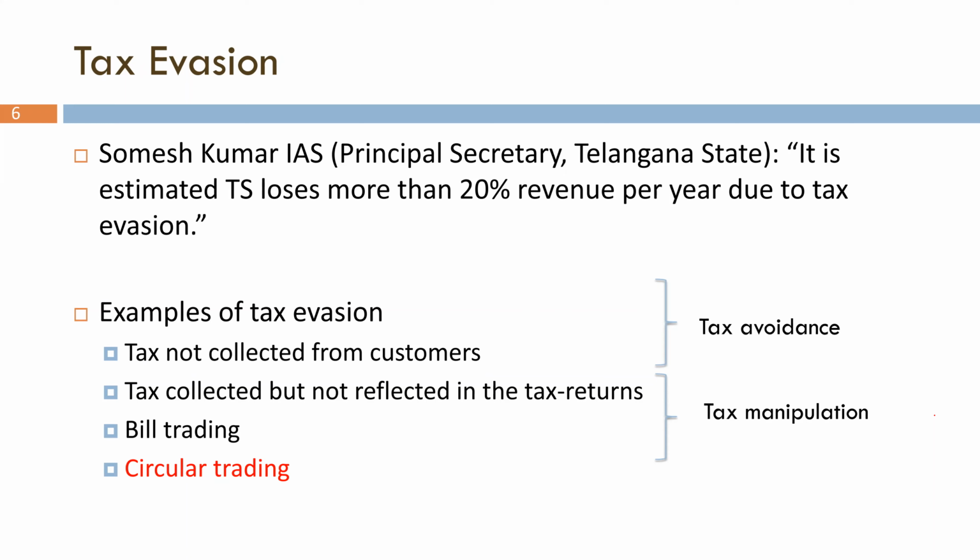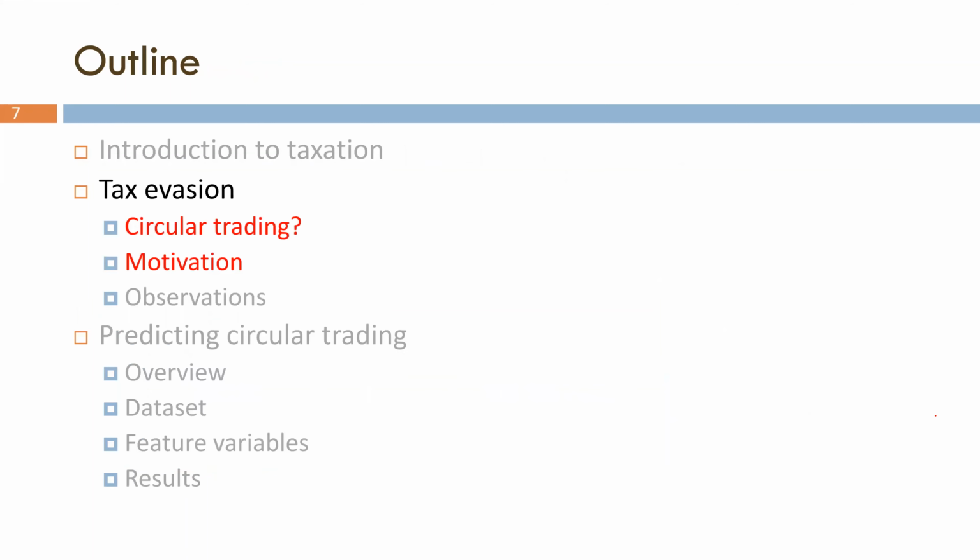Tax evasion can comprehensively be divided into tax avoidance and tax manipulation. In tax avoidance, tax is not even collected from the customer, or tax is collected but not reflected in the tax returns. In tax manipulation, they doctor the invoices. One example is bill trading, and then comes circular trading, which we have worked on in this paper.